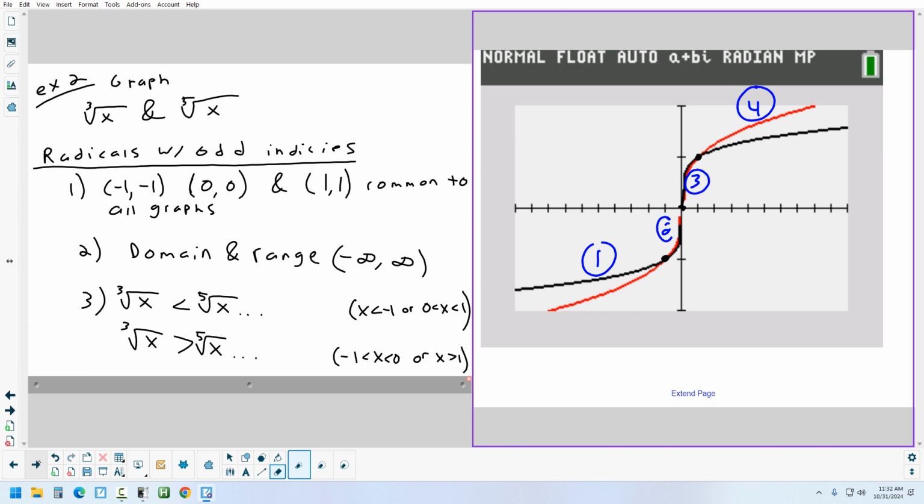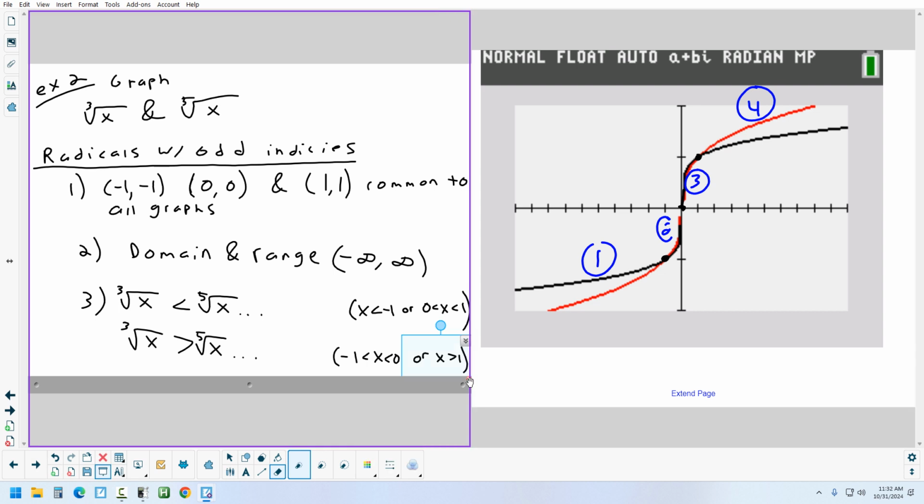Between -1 and 0, or greater than 1, that's sections 2 and 4. In those sections, it's backwards. The higher the index, the lower it looks on the graph. I just want you to understand how different odd and even roots relate to each other as you change the index. Questions on that?